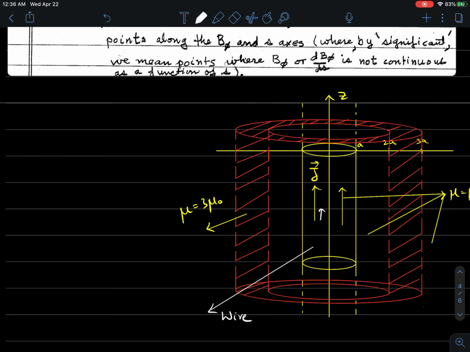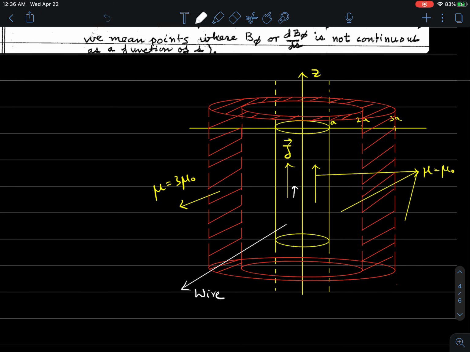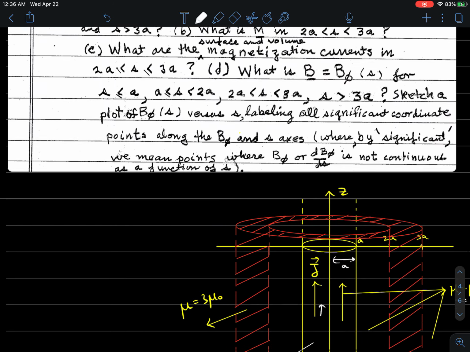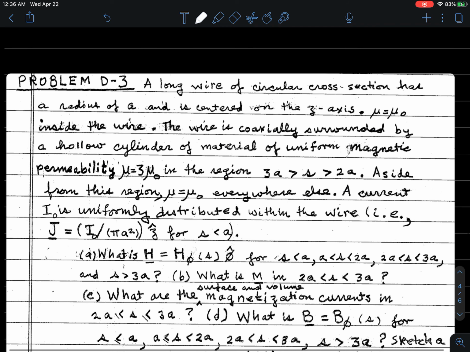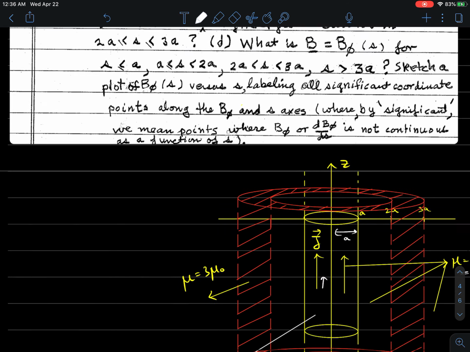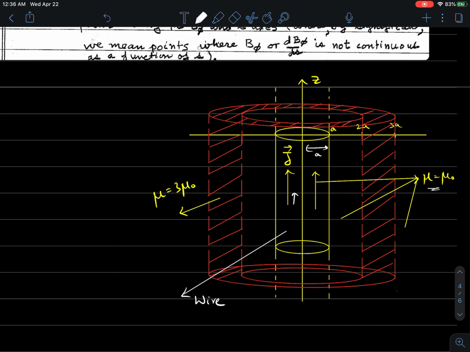As you can see, the wire is of radius a. Then from a to 2a, it's free space, surrounded by vacuum, so mu is equal to mu naught. We don't know if it's vacuum, but we know the magnetic permeability here.